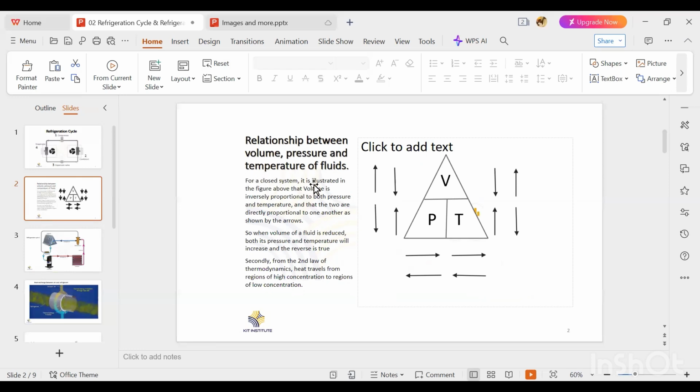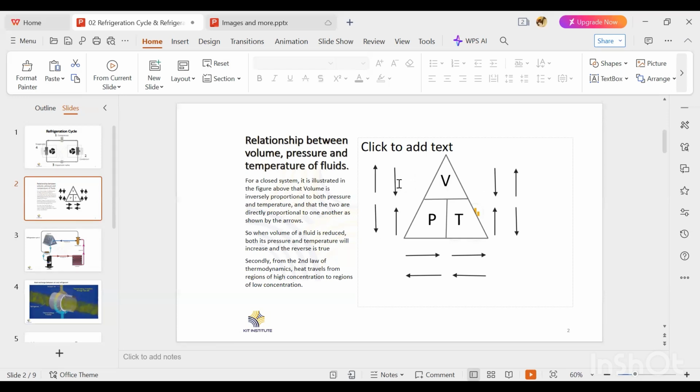For a closed system, it is illustrated in the figure above that the volume is inversely proportional to both pressure and temperature, and that the two are directly proportional to one another as shown by the arrows. So the volume of a fluid in a closed system is inversely proportional to both pressure and temperature.